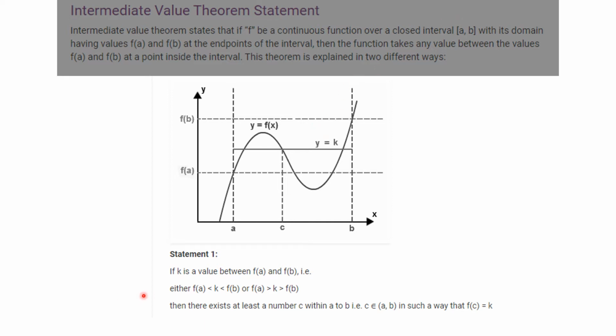Another way to say it is, if k is any value between f(a) and f(b), then there exists a number c between a and b such that f(c) equals k. Now there exists at least one number. As you can see, there could be more than one number. But we're declaring the existence of such a c.